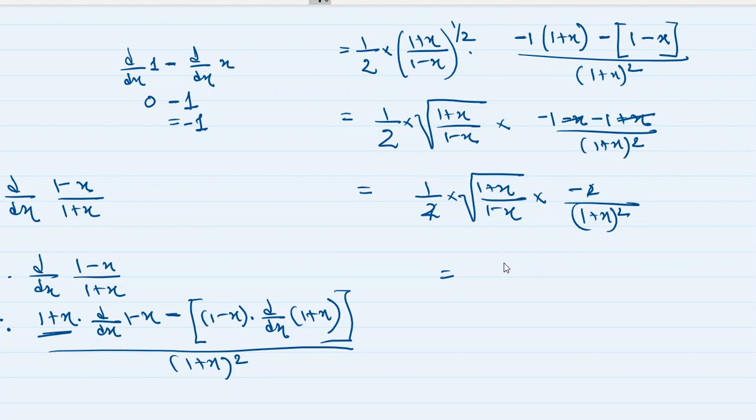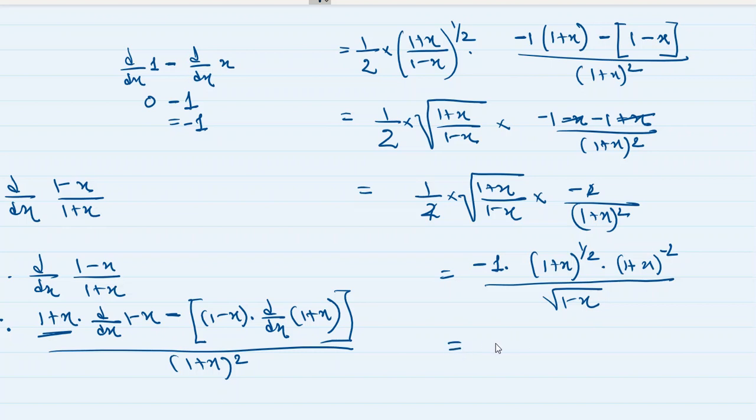Okay, so let me write it like this: minus 1 multiplied by 1 plus x raised to half multiplied by 1 plus x raised to minus 2. See, this goes up, becomes minus 2, the whole upon under root of 1 minus x. I'm going to simplify that further.